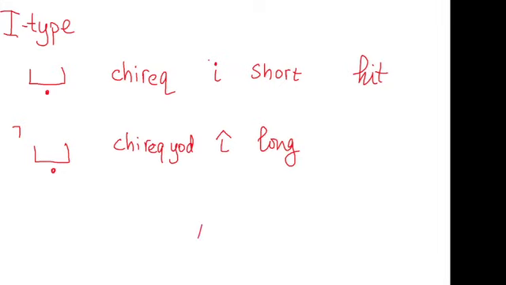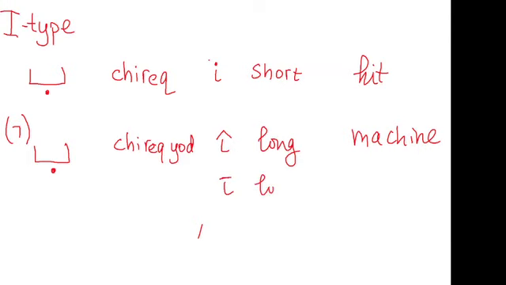And in the word machine, they put like this. It is long, so it's either this or this. Yeah, both are long. Both are machine.